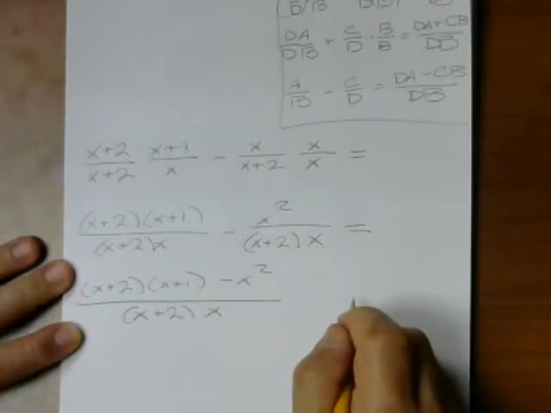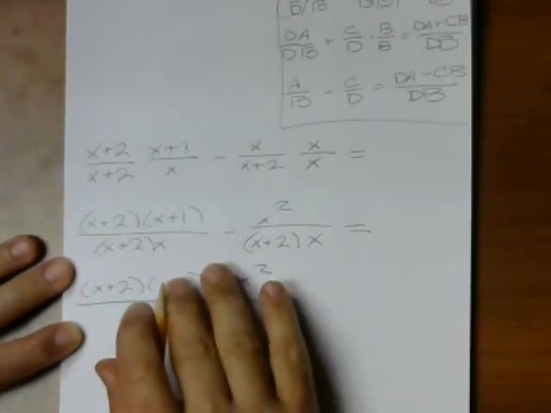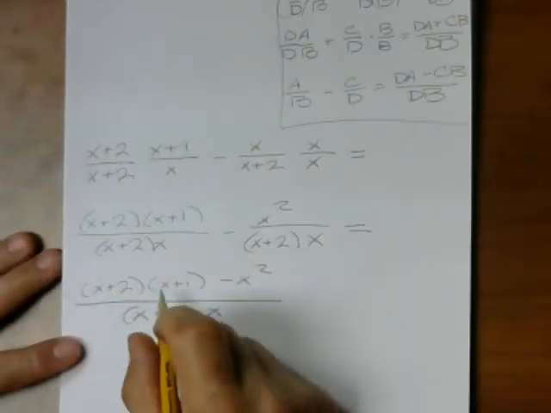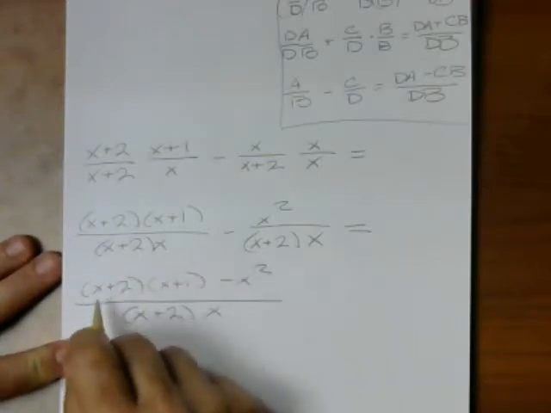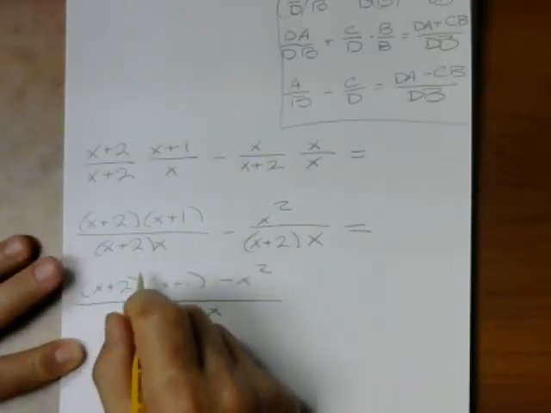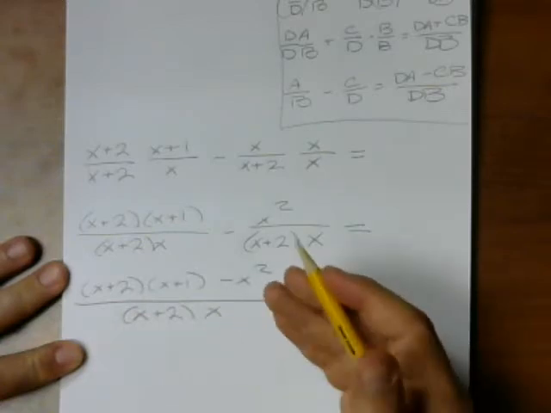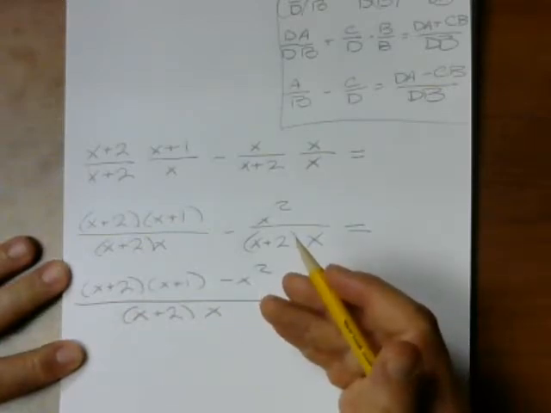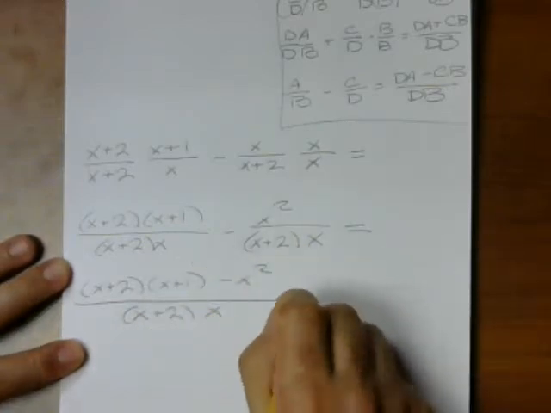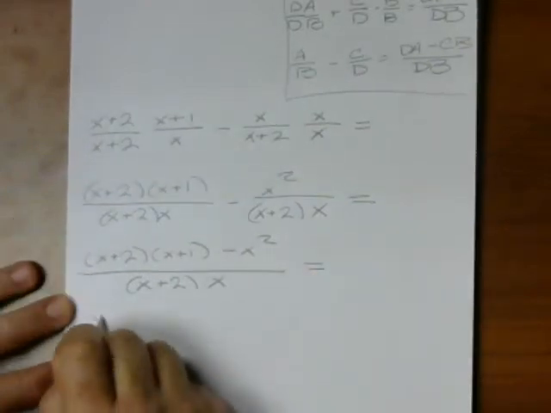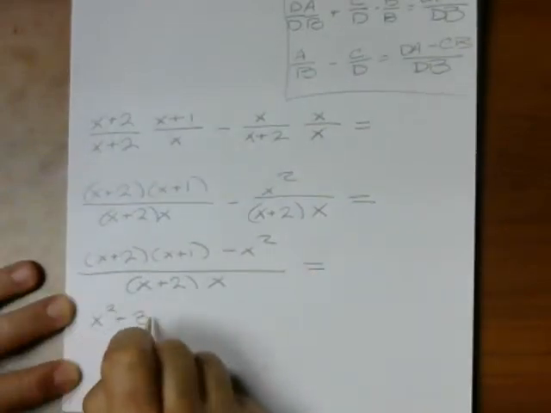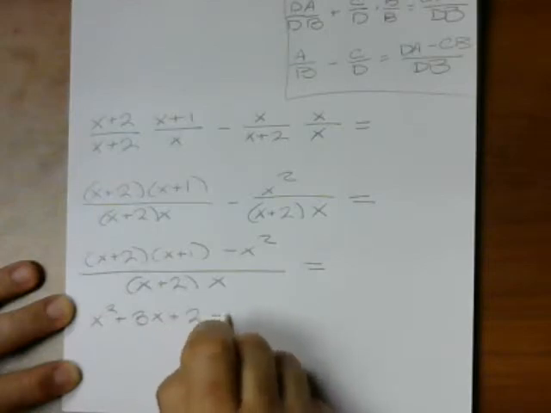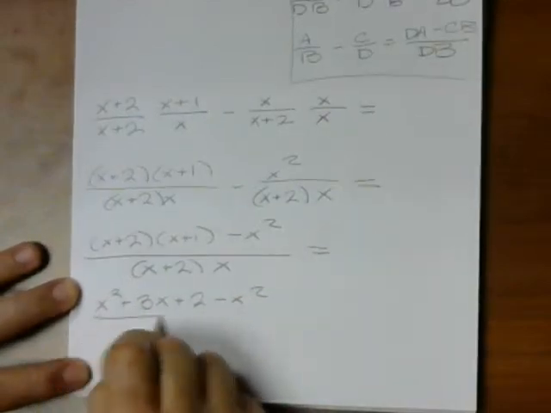Now, I don't like this form. You might say this is a beautiful form. Look, that's already factored. Well, no, the top is not factored. A little piece of the top is factored. If I wanted to set the top to 0, that would not help me at all. So in a situation like that, if I want to simplify all the way, I actually do want to multiply this out because it will make it simpler.